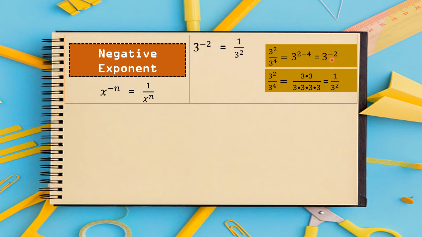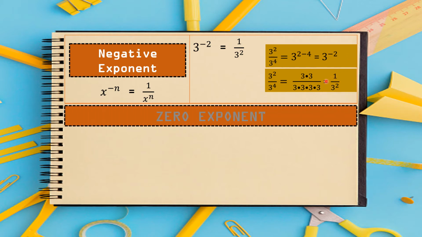As you can see, 3 raised to negative 2 is equivalent to 1 over 3 raised to 2 by the transitive property of equality, since 3 raised to 2 over 3 raised to 4 is equivalent to 3 raised to negative 2, and is also equivalent to 1 over 3 raised to 2. Therefore, these two numbers are equal.